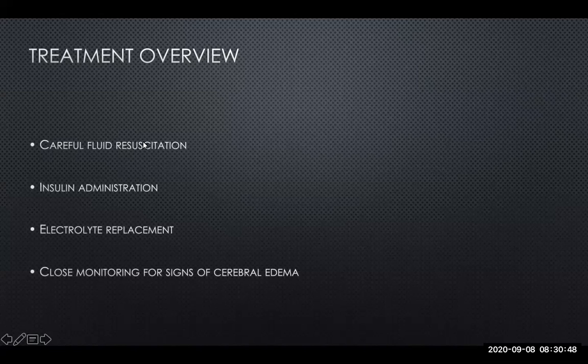We are going to do gradual correction of the hyperosmolarity and the hyperglycemia. For this, we are going to use careful fluid resuscitation. We are going to do the insulin administration after the fluid resuscitation. We are going to do the electrolyte replacement and close monitoring for signs of cerebral edema.